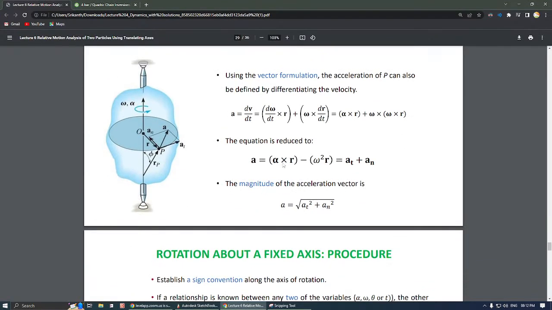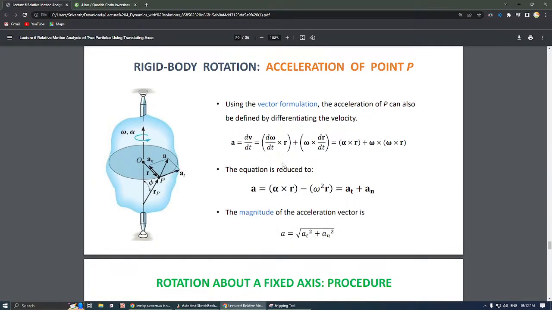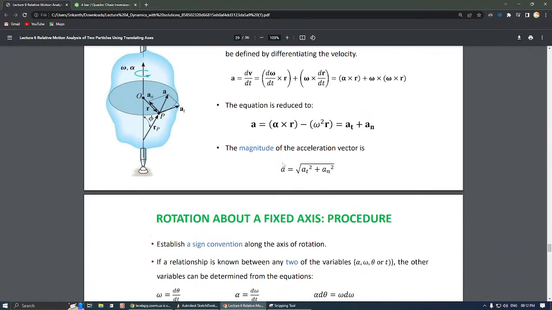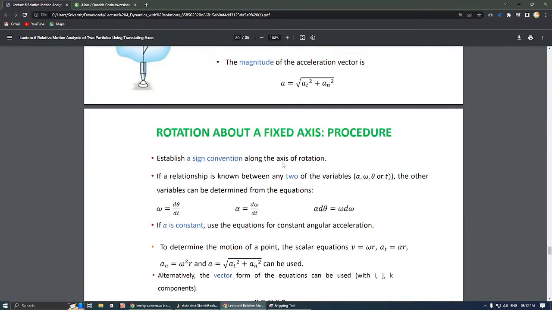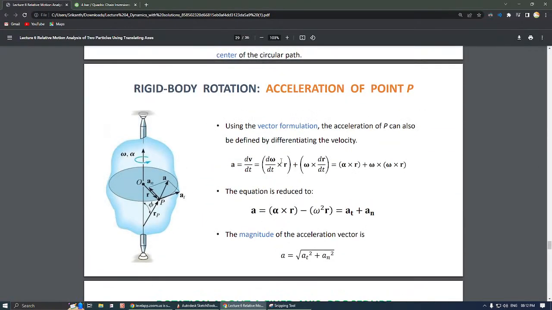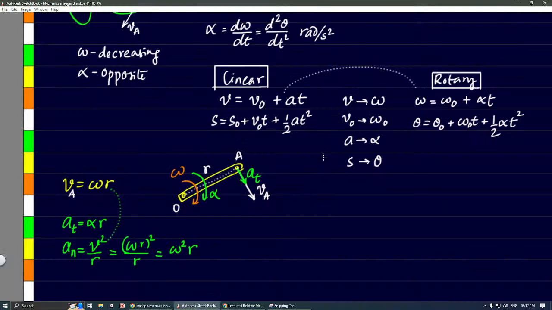Now here he is explaining how to find accelerations. This is alpha r. He's expanding this.